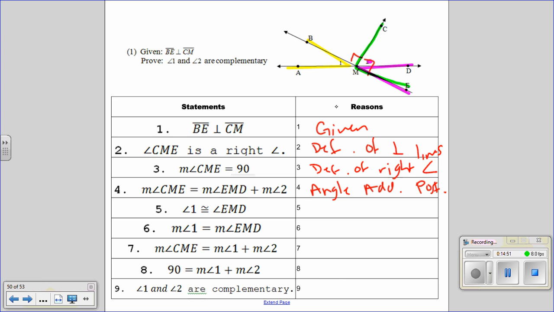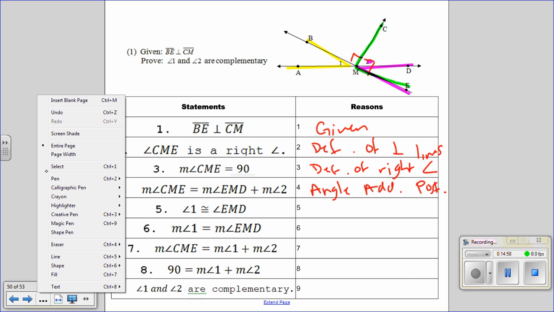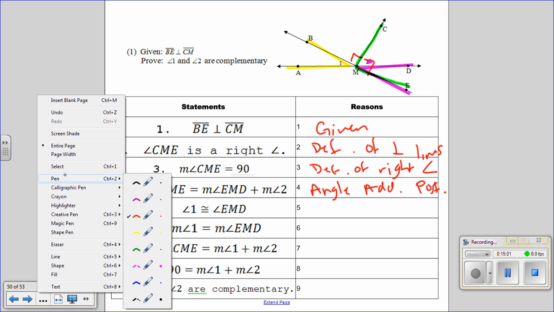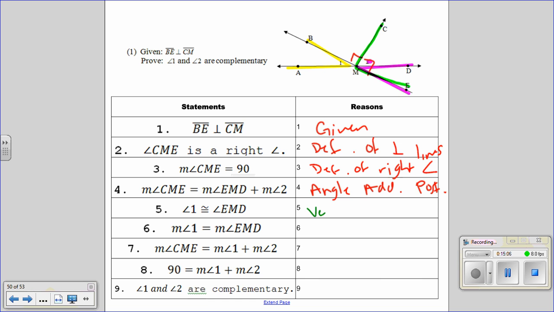Those are kissing angles, aka vertical angles, sharing the vertex and forming a perfect X. So again, it's because vertical angles are congruent. Statement 6 says the measure of angle 1 is going to equal the measure of angle EMD, and that's because that's the definition of congruent. The measures are equal.